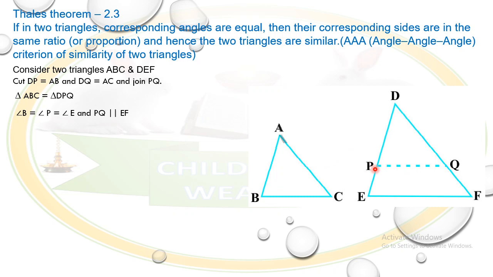And also from the earlier theorems, angle P is equal to angle E, because PQ and EF are parallel lines, so angle P and angle E will be the same.